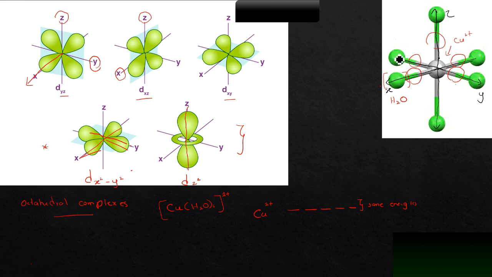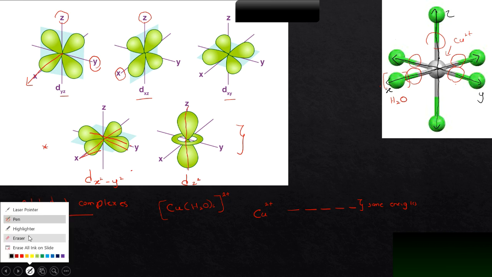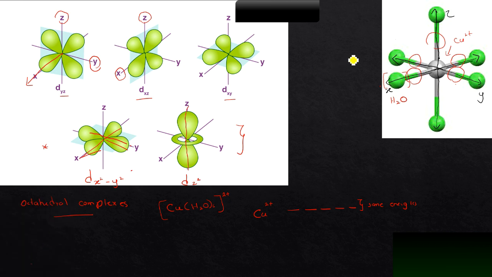Here you can see a very special thing. When the bonds are forming, there are 2 orbitals which are going to overlap with these newly formed bonds between the metal center and the ligands. Which are they? dxy, dxz, dyz: all these 3 orbitals are in between the axes.